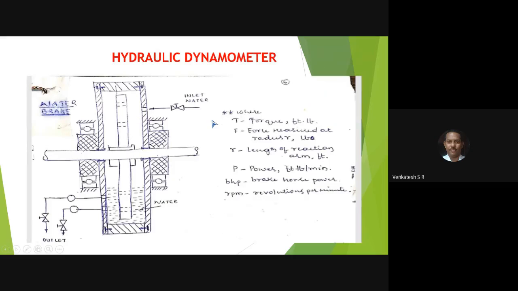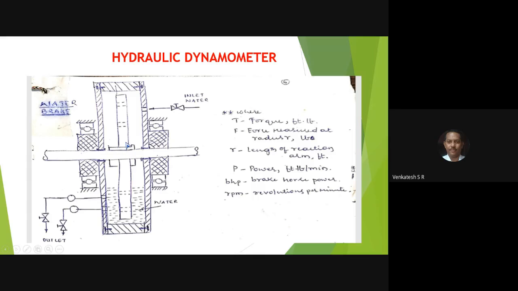Let's come to the point, the hydraulic dynamometer. The name itself indicates hydraulic means water. Almost all of you have seen the flywheel, say in the sugarcane juice making machine, on the left side there will be a big wheel which rotates in the clockwise or anti-clockwise direction according to the requirement of the juice vendor.